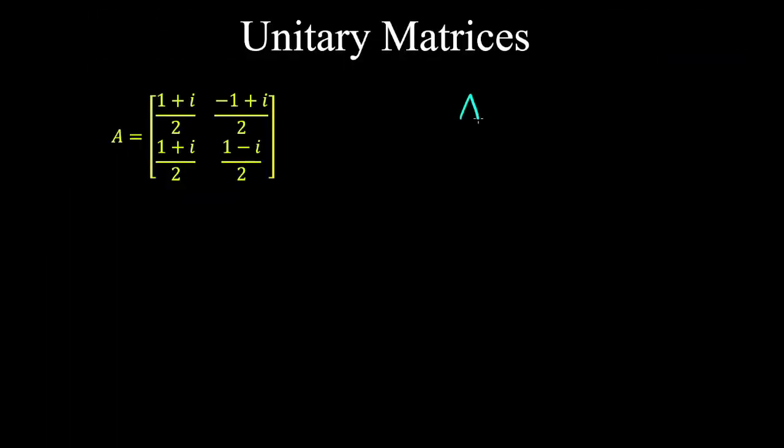A square complex matrix with r rows and columns is unitary if the inverse of the matrix A is equal to its conjugate transpose.